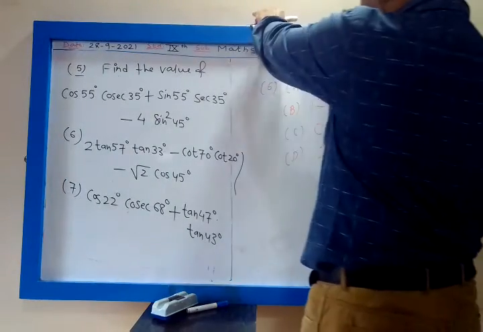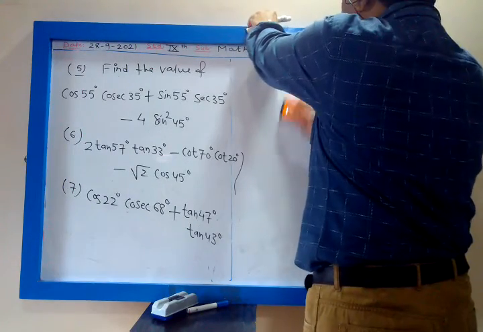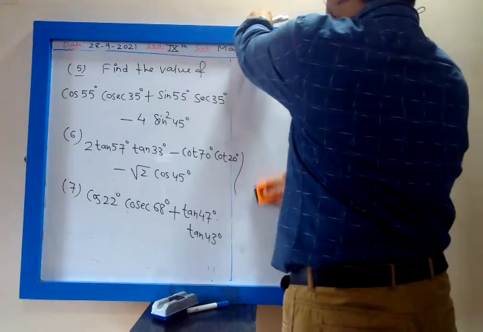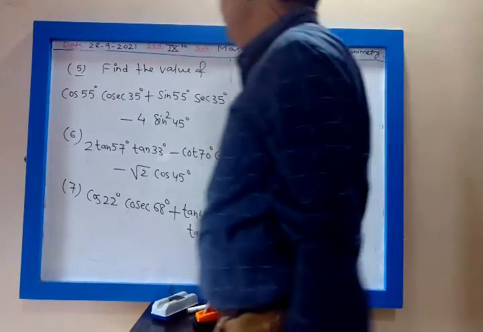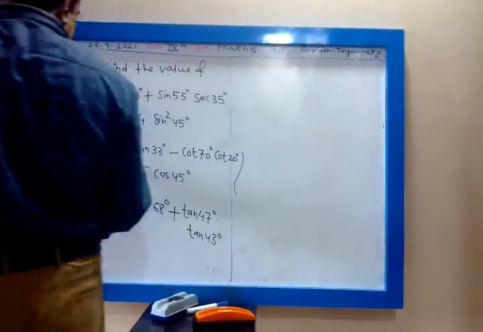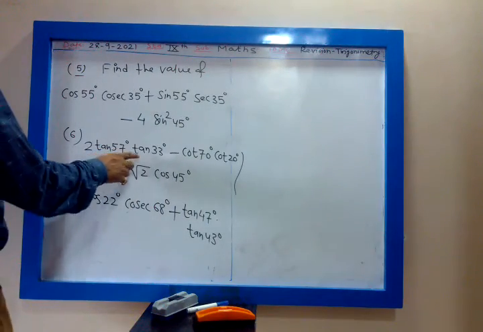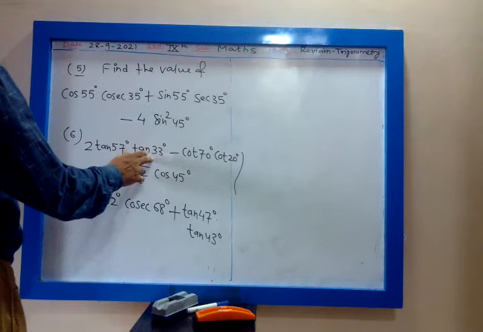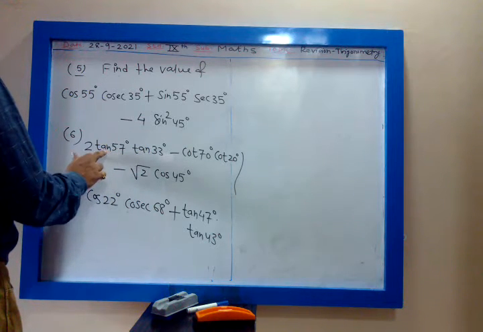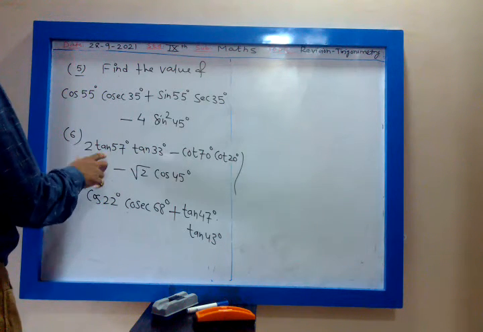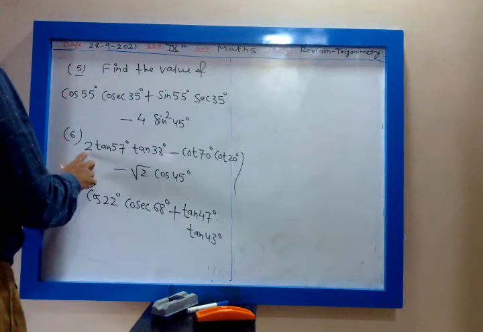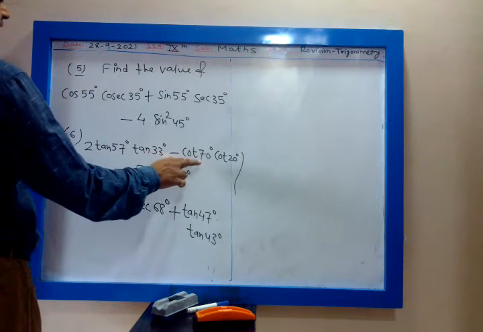Sixth, correct answer is C. 0 is the answer. Same thing. Tan 57 degree, tan 33 degree. Tan 33 degree you can write 1 upon cot 33 degree. So tan upon cot, complementary angle, this value will be 1. So 2 into 1 minus.